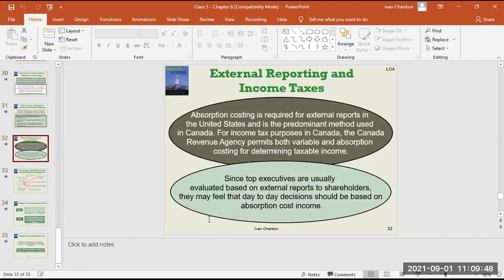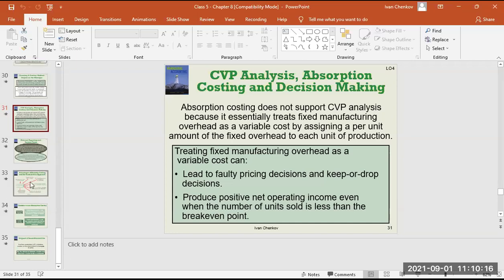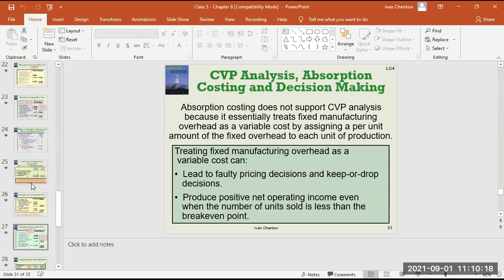Another thing that I want you to understand is that if you become a manager and you are evaluated on the net income, the simple technique that you can use is to produce more than you're selling, if the company is using the absorption costing.